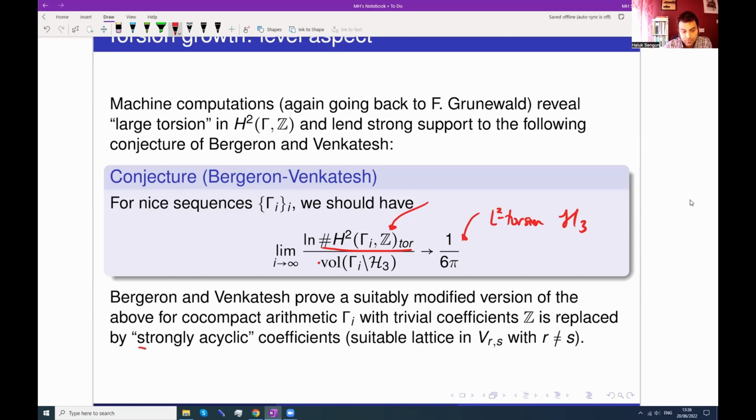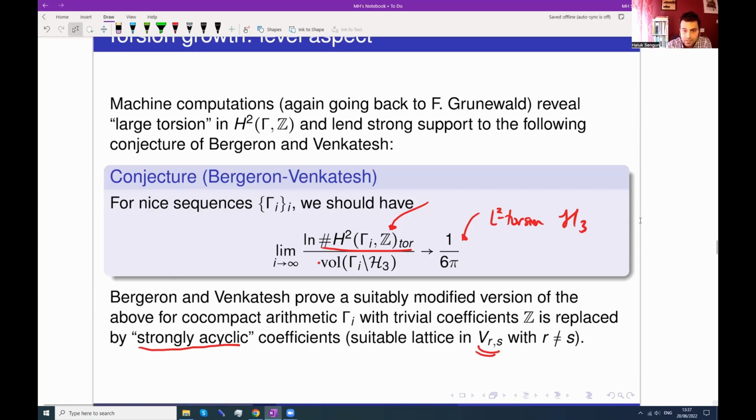The results are for strongly acyclic coefficient systems, where there's a kind of spectral gap, and analytically you have much more control over these. So trivial Z coefficients is not one of those coefficient systems. You should think more in terms of two-variable symmetric power, tensor symmetric power representations. Essentially, you're looking at non-parallel weights.